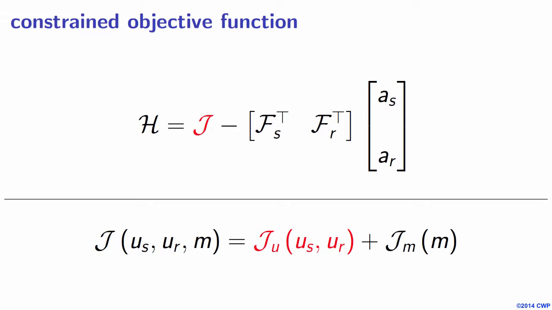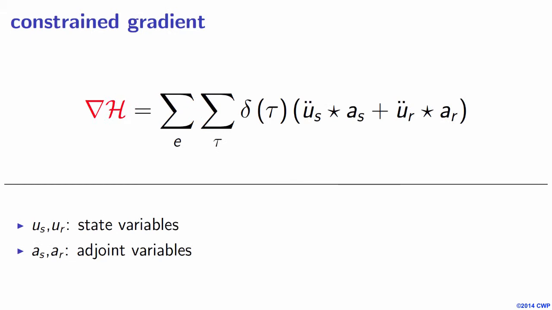quantity Ju, which indicates that we are operating with the source and receiver wavefields and trying to find a way to characterize how close they are to one another or how they guide us towards a model. And with that, we can construct a gradient like the one you see over here. This has been shown, I think, a couple of times earlier in the meeting.